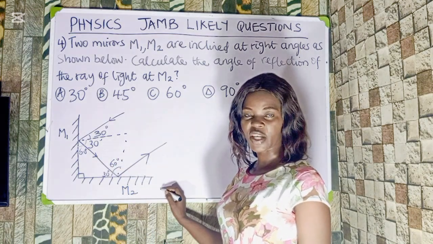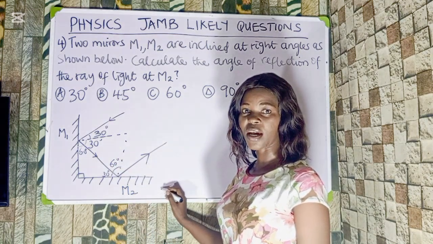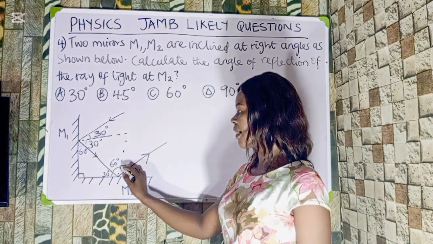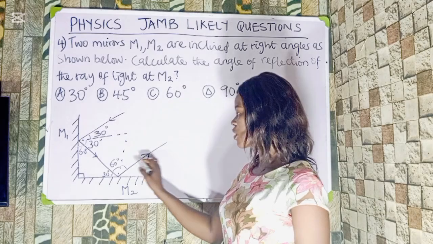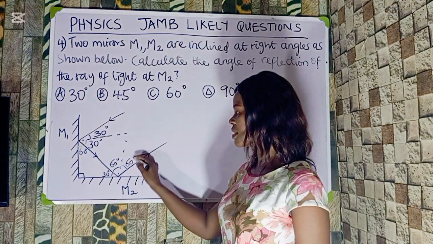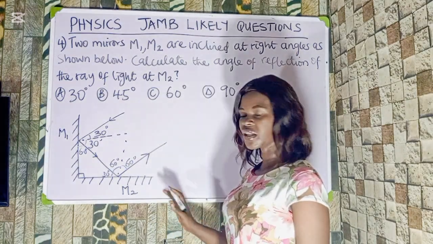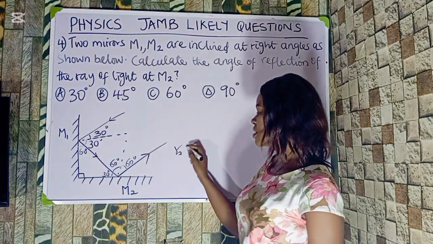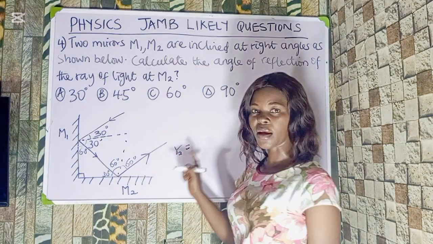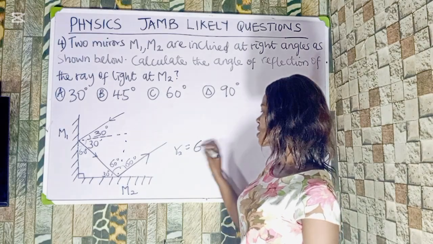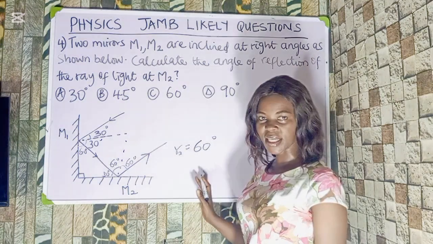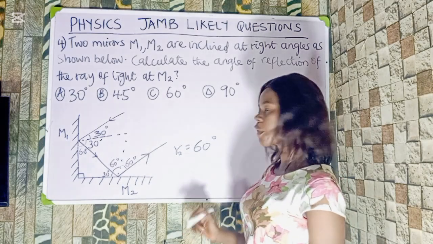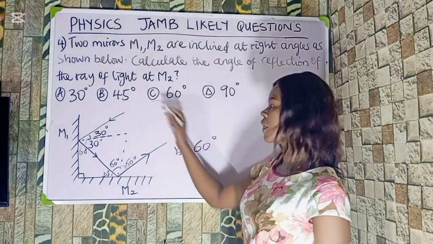Now from the law of reflection, the angle of incidence I equals the angle of reflection R. So with that being said, we can now say that our reflection is equal to 60 degrees. So the angle of reflection at mirror 2 is 60 degrees. I hope that is clear. So if you have this type of question, this is how you are going to solve it, right? And the correct option to this question is option C.